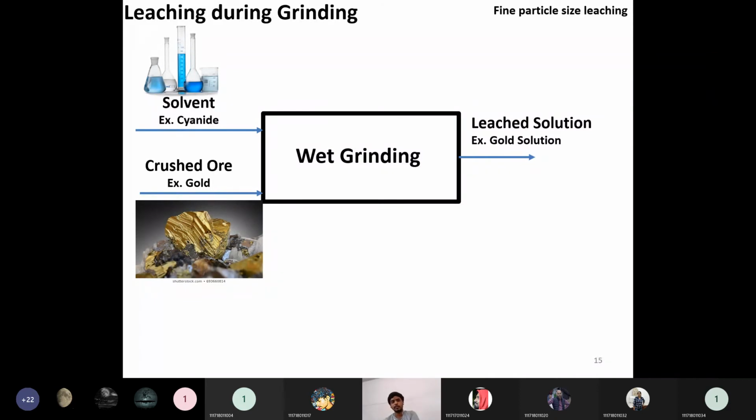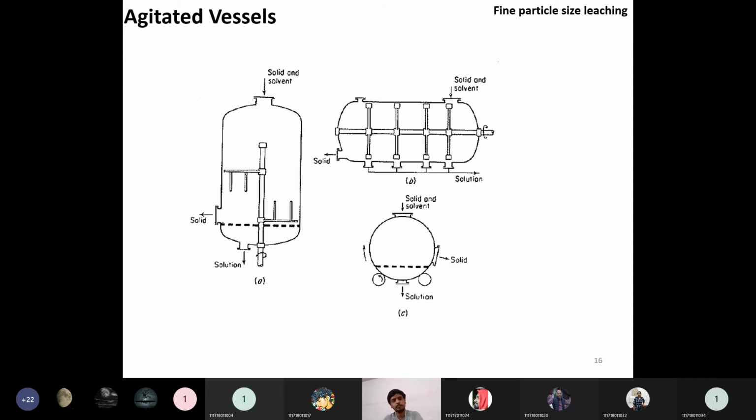During this flowing and size reduction, the solvent or cyanide solution will solubilize the gold present in the ore, and the final solution will come out in the other direction. Then the leached solution will be subjected to further purification and pure gold can be extracted. That's the example for leaching during grinding.